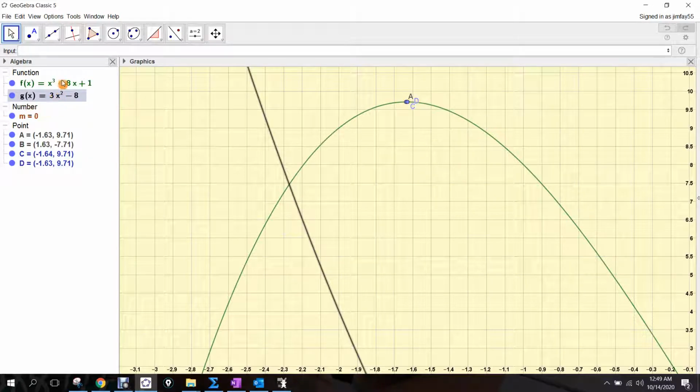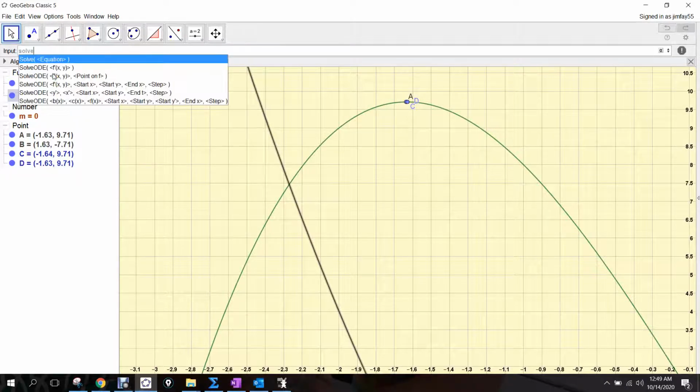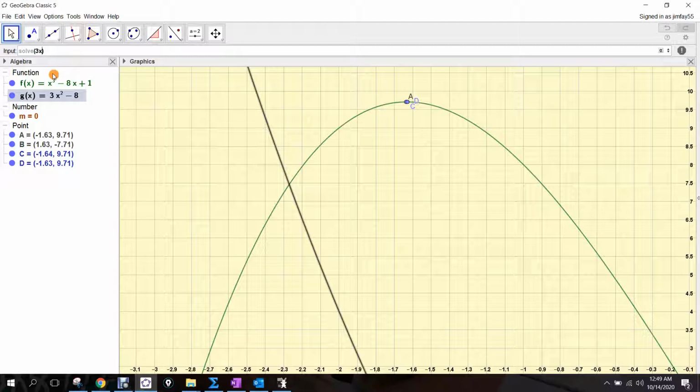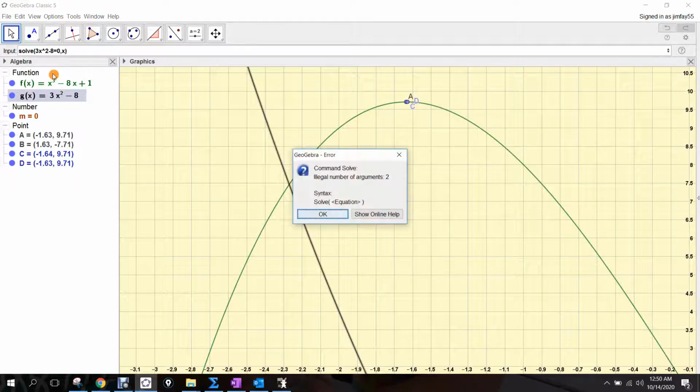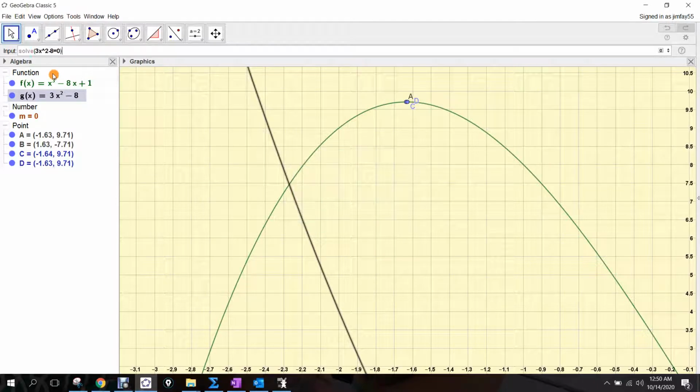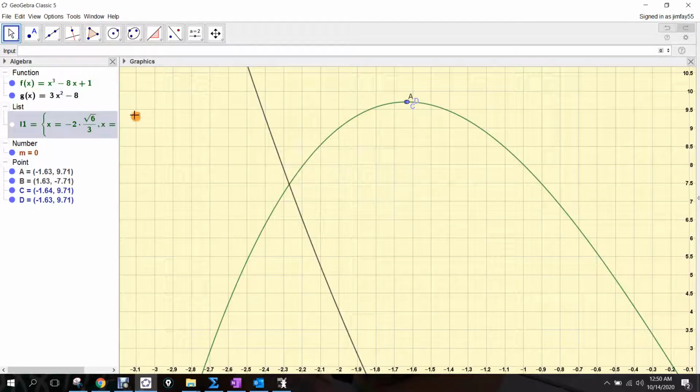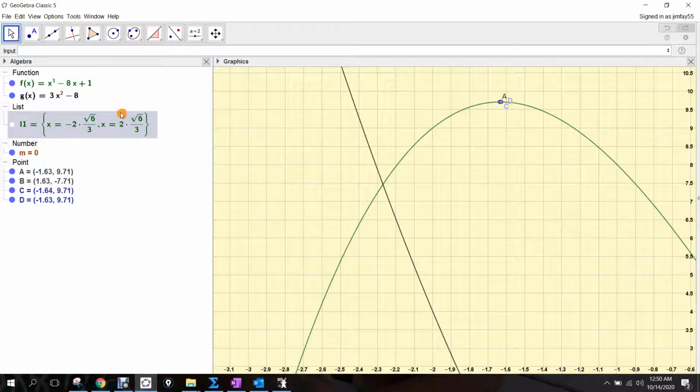So if I said when does 3x squared minus 8 equal 0, so I want to say solve 3x squared minus 8 equals 0 for x. It gives me these two values right there.